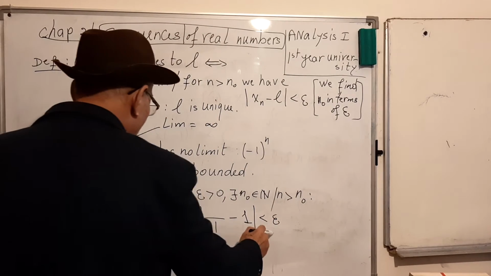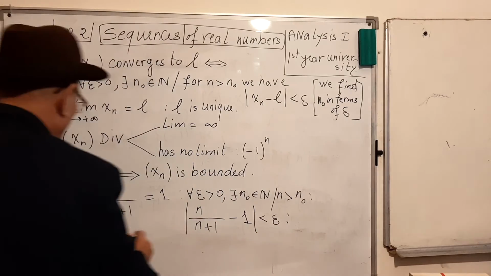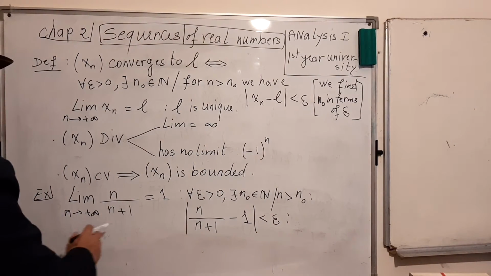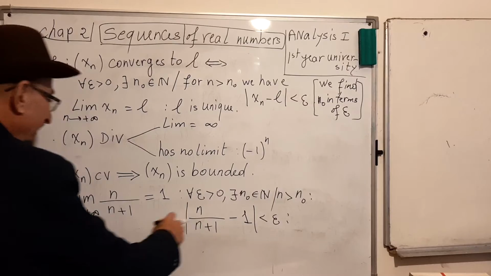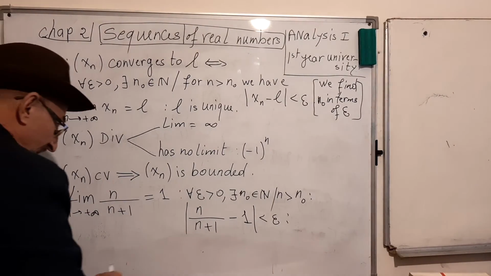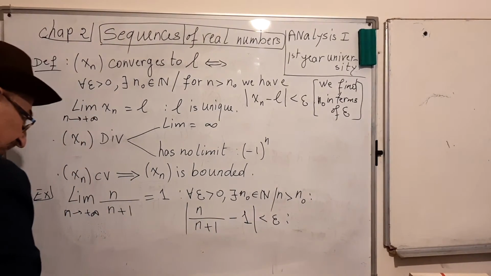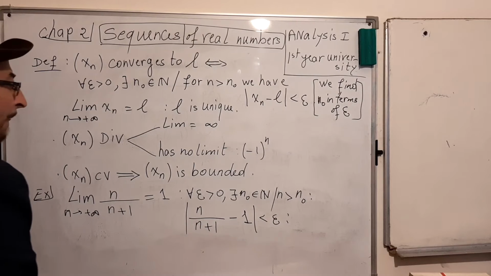We take this inequality and we find n in terms of epsilon.